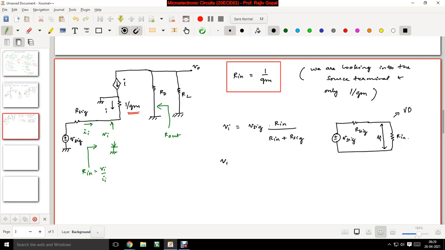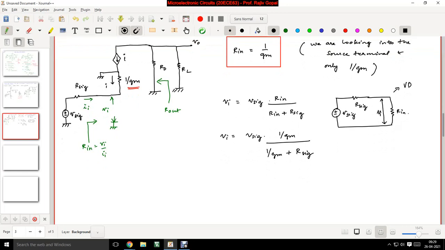So Vi is equal to V signal times 1 by Gm divided by 1 by Gm plus R sig. So finally I get Vi as V signal divided by 1 plus Gm into R sig.